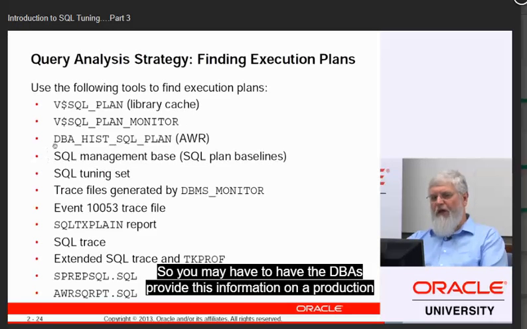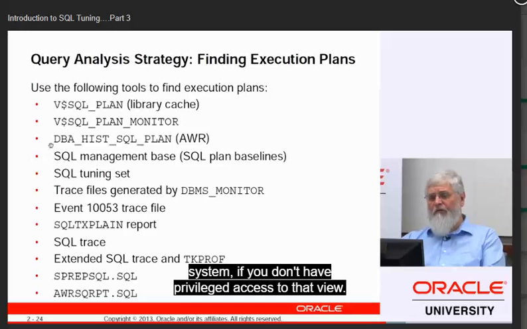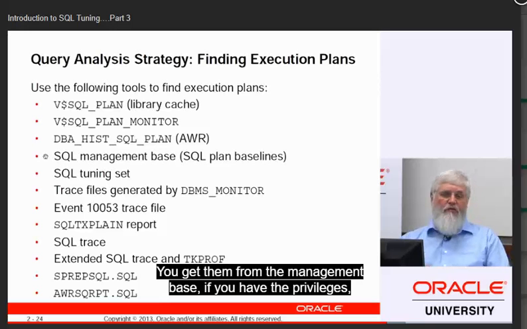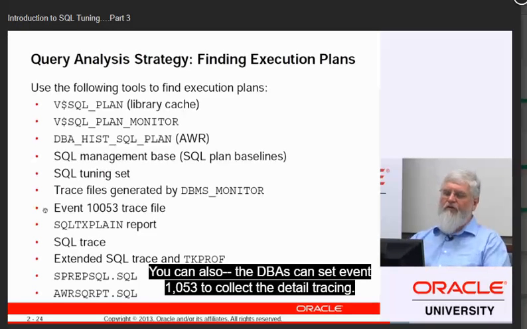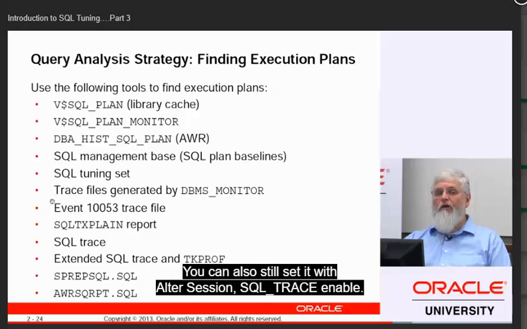You can get them from the management base if you have the privileges, from the SQL tuning sets, or by turning on tracing with DBMS_MONITOR. The DBAs can also set event 10053 to collect the detailed tracing. You can also still set it with ALTER SESSION SET SQL_TRACE enabled. It gives you the same thing as these do too.